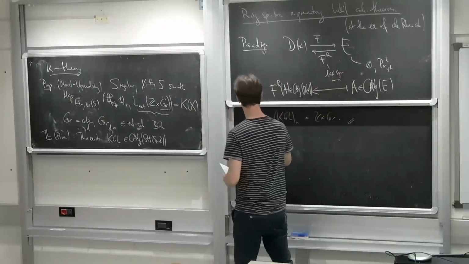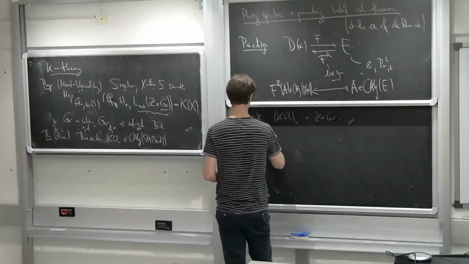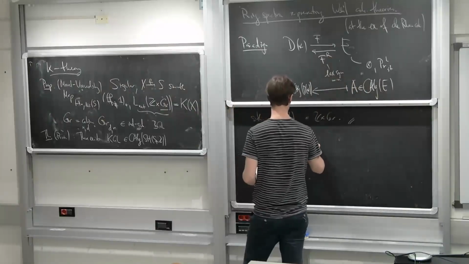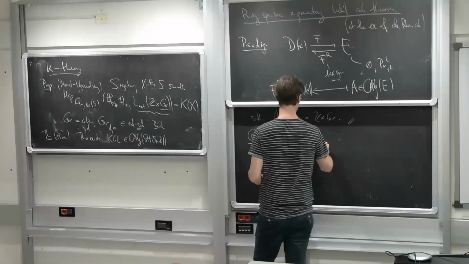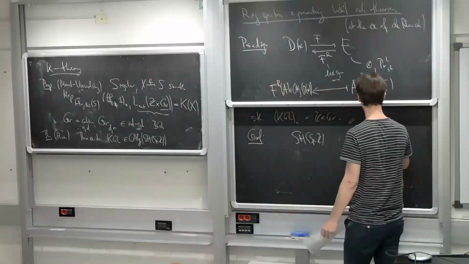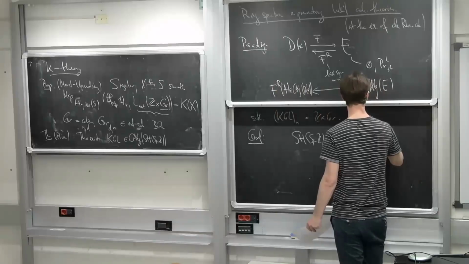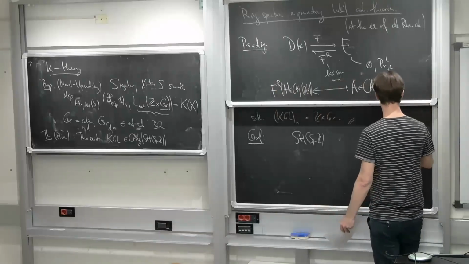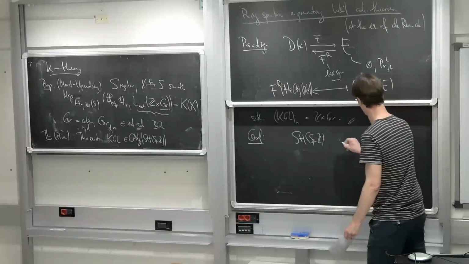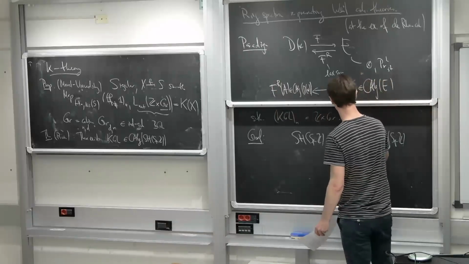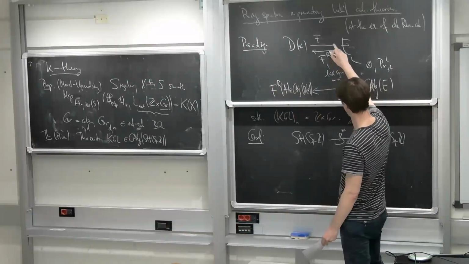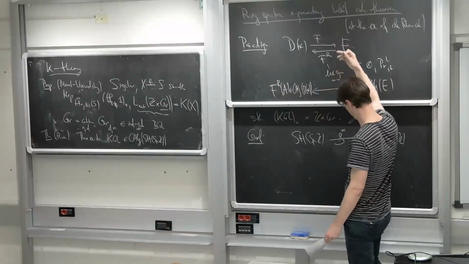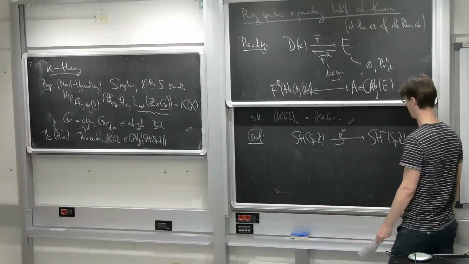So the goal is now the following. We have this SH of Spec Z. We are trying to come up with SH non-commutative, still over Spec Z, and a functor, which I call rho non-commutative. So this is very similar to what was done a while ago.